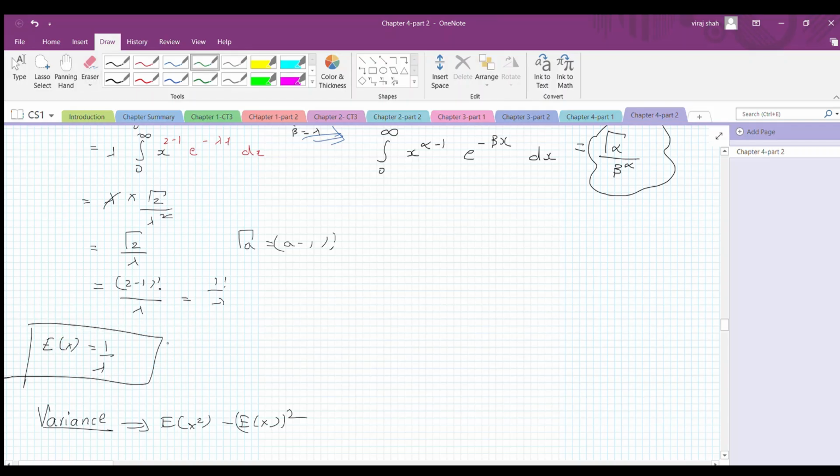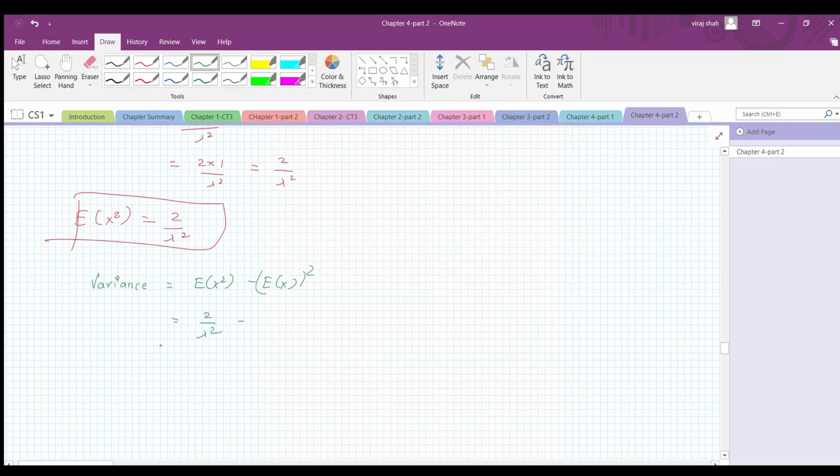So let us write there minus 1 by lambda, its square, so 1 by lambda square. If I simplify, it is nothing but 1 by lambda square. Okay, so I got even my variance now. Pretty great, right?